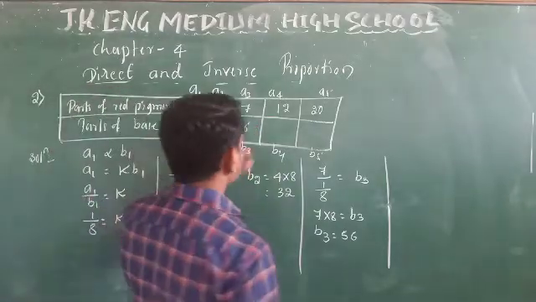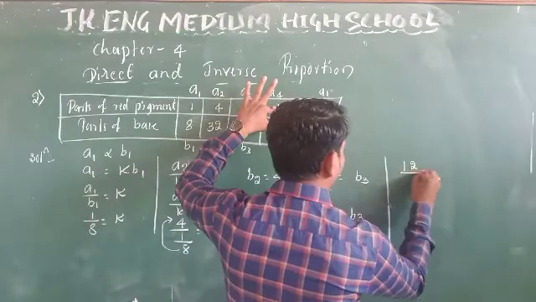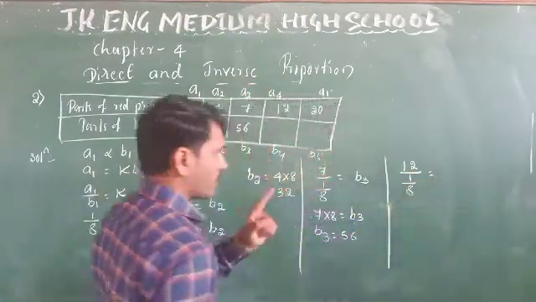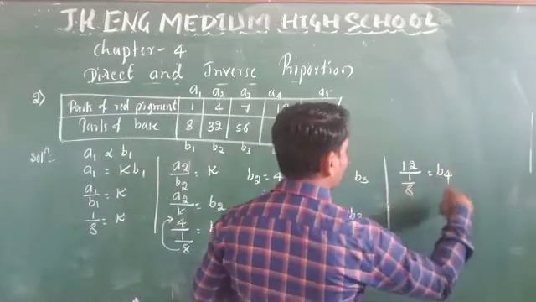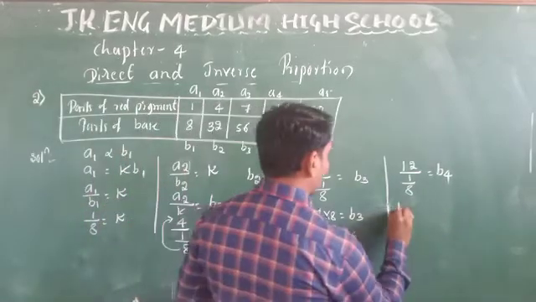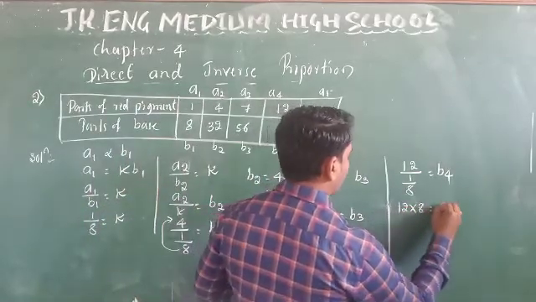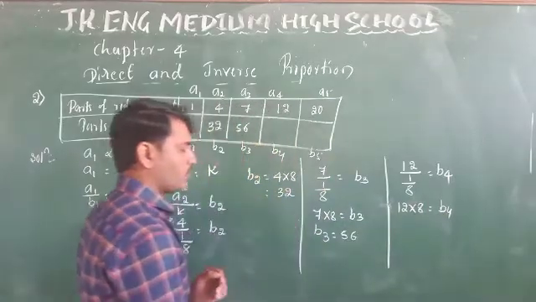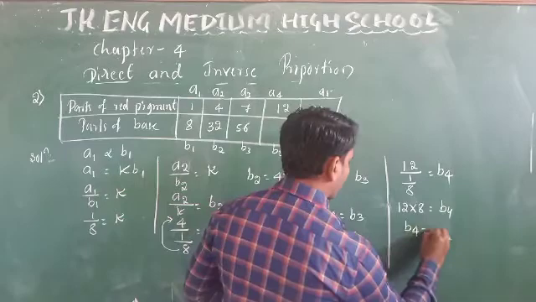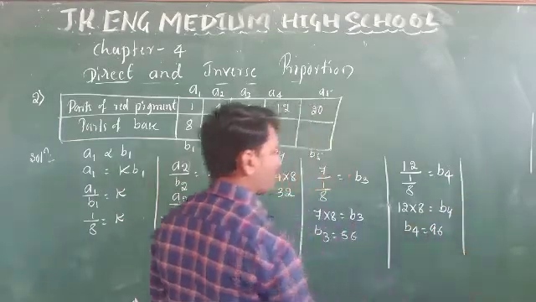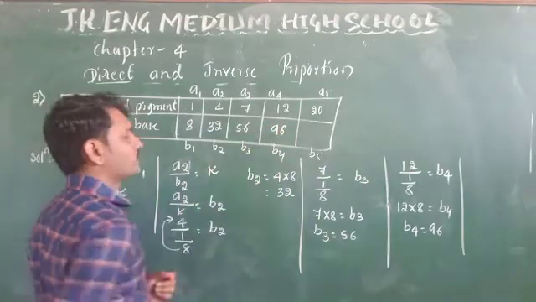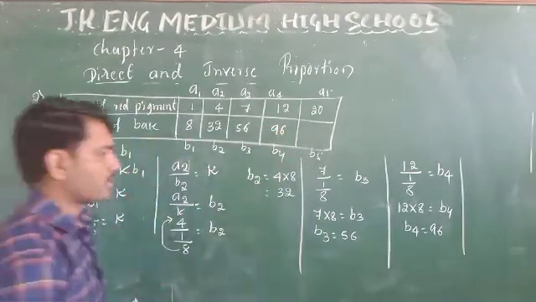Next, 12 divided by, what is the K value? 1 by 8. What should I write now? B4. Correct? Take that in place of 12. B4, 12 eights, 96. B4 is equal to 96. And the final value, 20, is there.